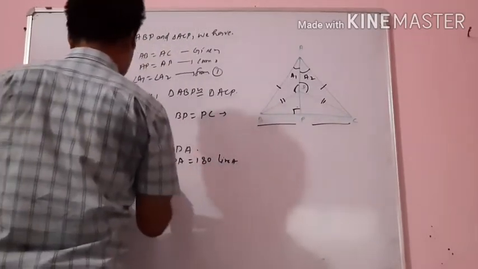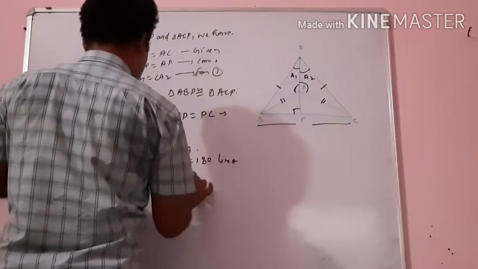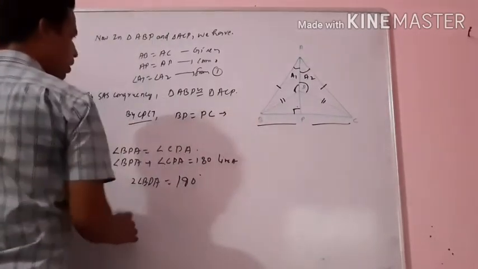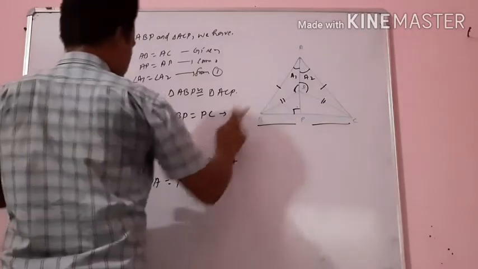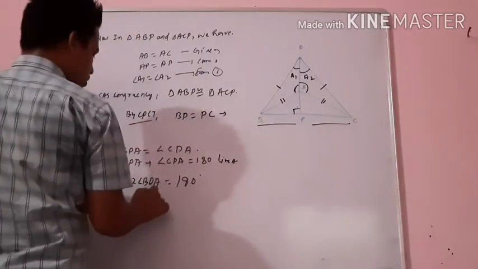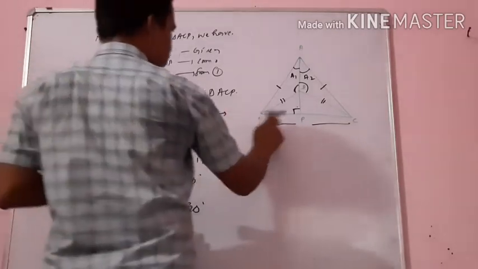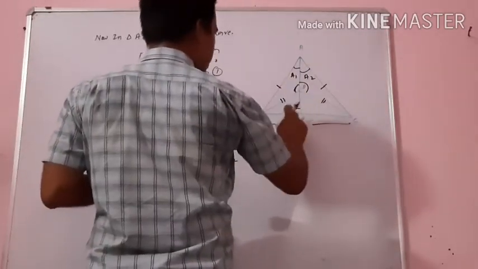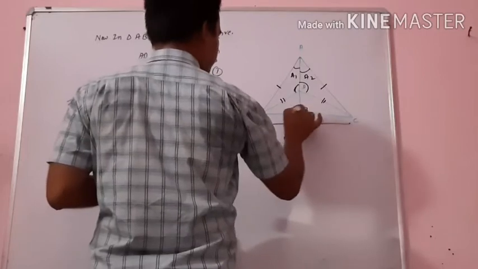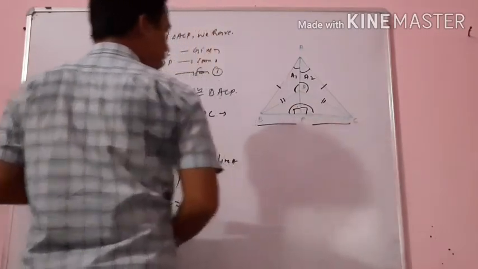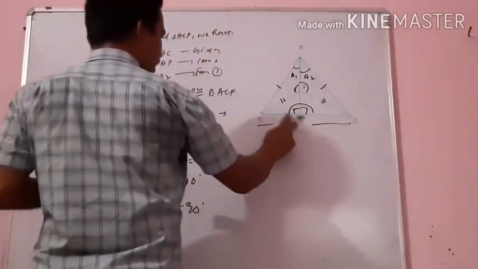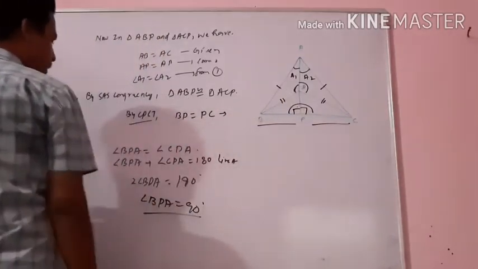So twice angle BPA will be 180. So angle BPA equals 90 degrees. Both angles are equal and their sum is 180. So angle BPA is equal to 90 degrees.